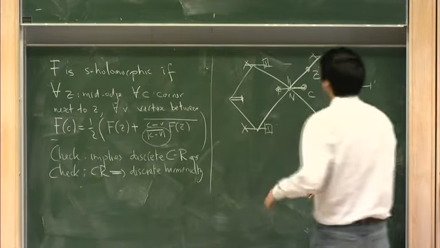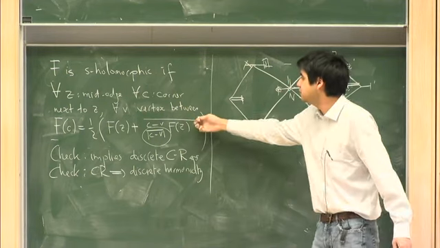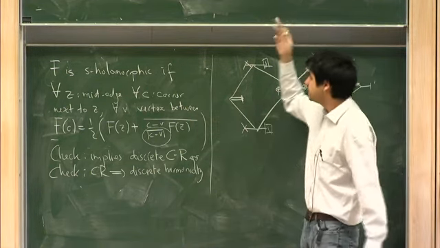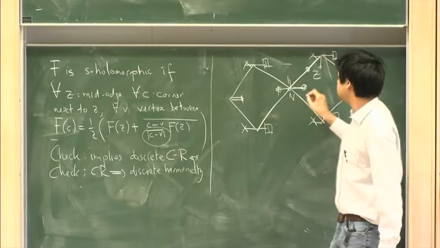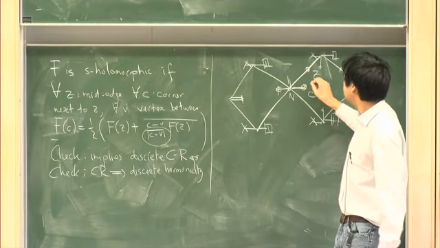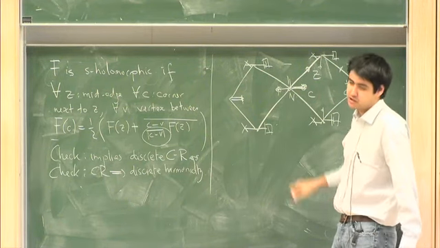Again, it's fairly easy to check. It follows from the definition of S-holomorphicity if you believe that the observable satisfies it. It's very easy to check from the definition of the observable that on the corners of type east, the function is purely real.